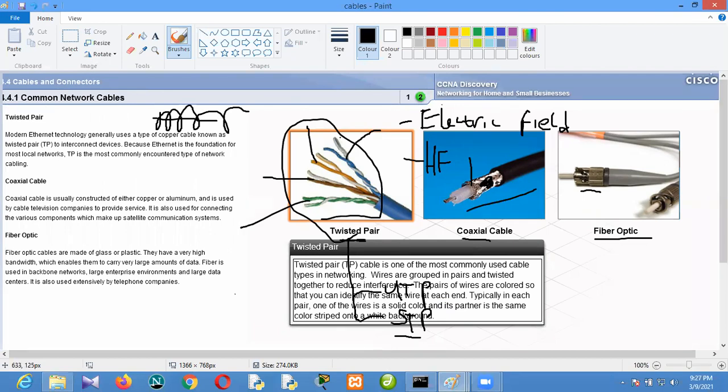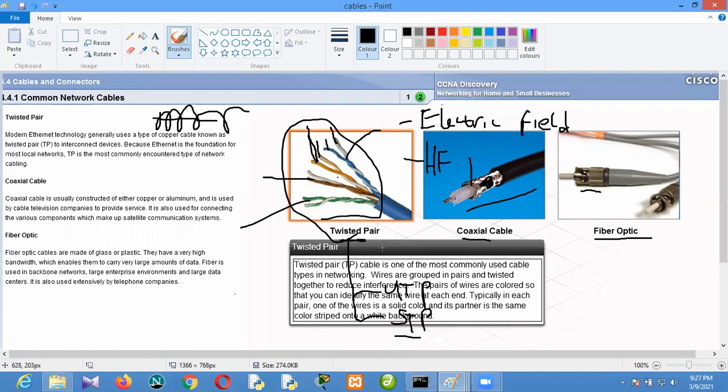In blue you have two: blue and white, which is blue stripe, and solid blue. Likewise orange: solid orange, and orange and white stripe. So there are 4 pairs.